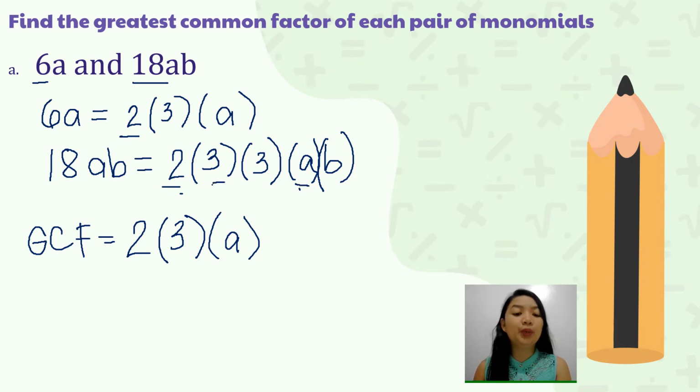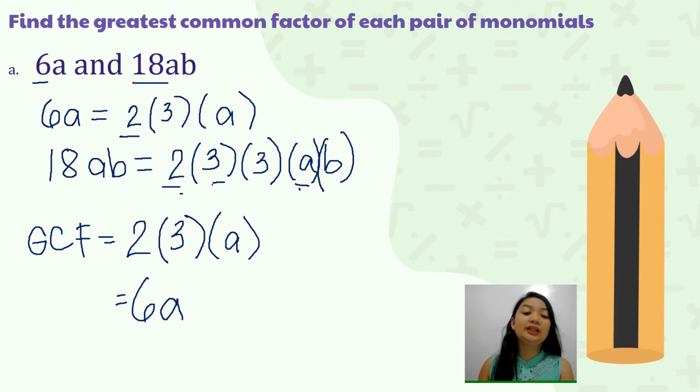They are both present in the two terms. Can you see other factors that are also common to 6a and 18ab? B? None. So that is only 2 times 3 times a, which will give us 6a. Therefore, the greatest common factor of 6a and 18ab is 6a.